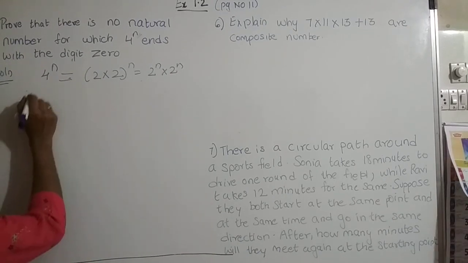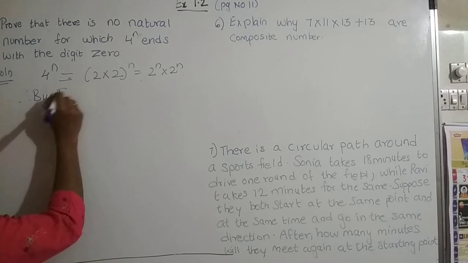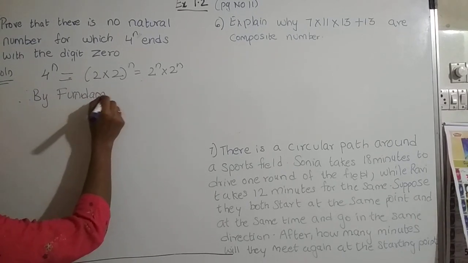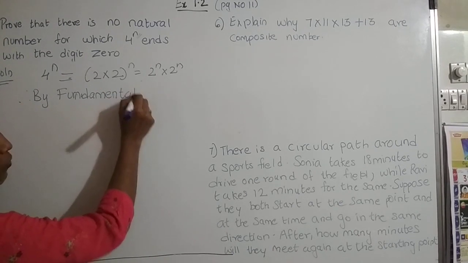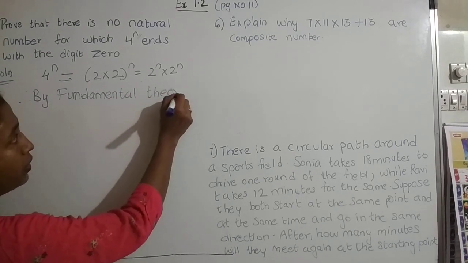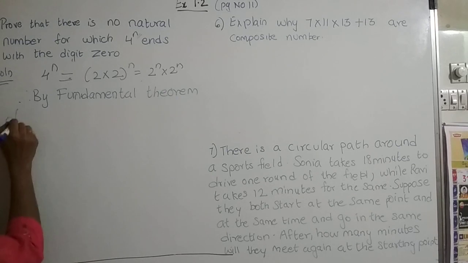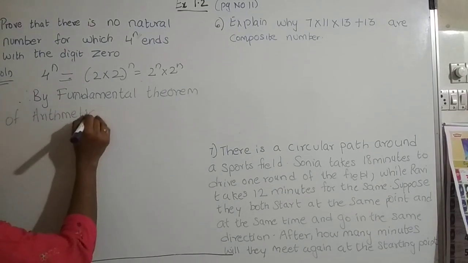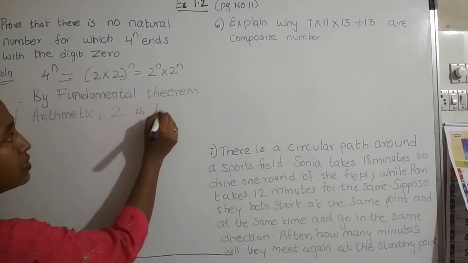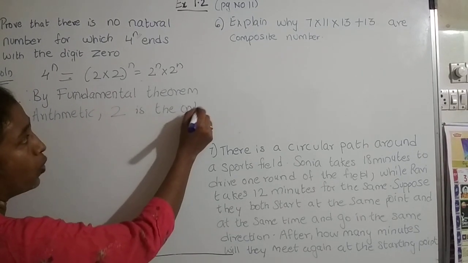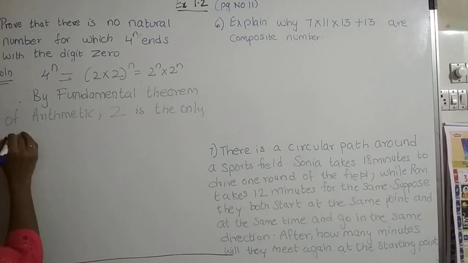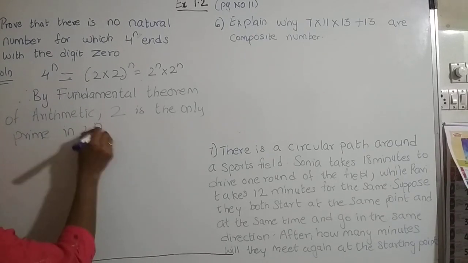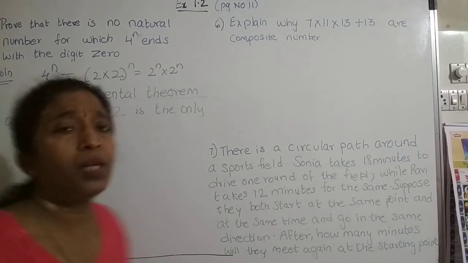So here, therefore, by the fundamental theorem of arithmetic, you should not write any short form, 2 is the only prime, or unique prime, in 4 raised to n. This word is very, very important in boards.